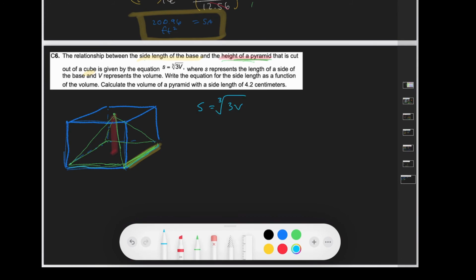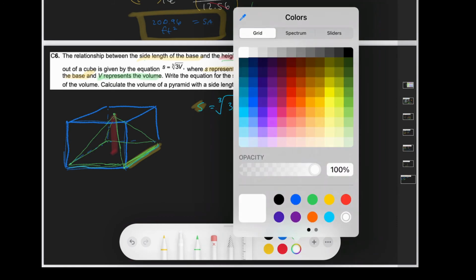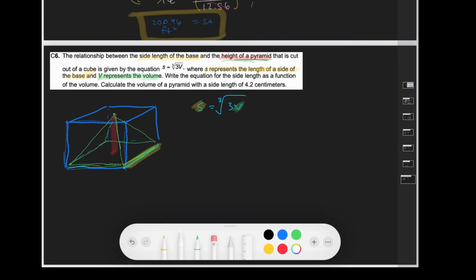Where S represents the side length, so let's do our highlighting here. S represents the side length, side of the base, and the V here represents the volume. Okay, write the equation for the side length as a function of volume. Okay, we have that. Calculate the volume of a pyramid with a side length of 4.2.